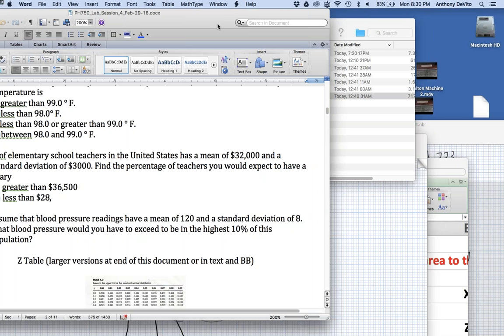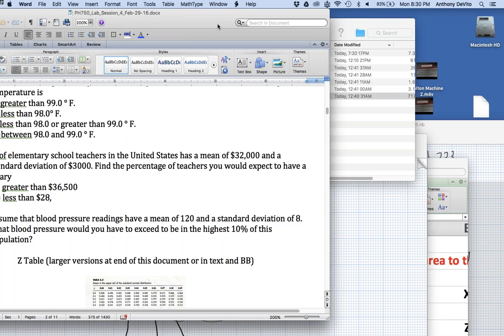Not only that, but if you sketch this out, it gives you an opportunity to say, am I looking at the right area? In other words, if I had asked you what percentage of these teachers make more than 36,500, and you had sketched that, you'd say, oh, it's a little area up here.